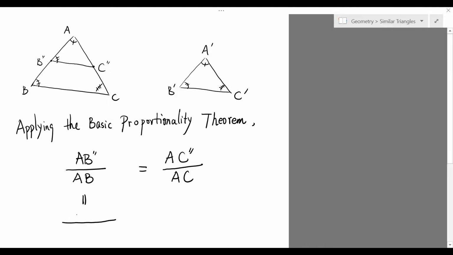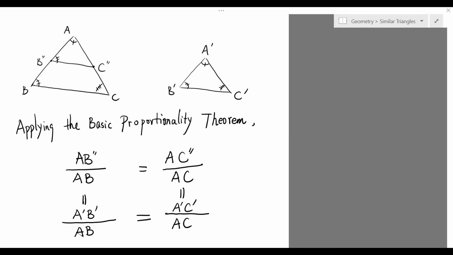So we could replace the left-hand side by A prime B prime over AB. And for the same reason, AC double prime is equal to A prime C prime. So we could replace the right-hand side by A prime C prime over AC. Hence, from the property of identities, we have A prime B prime over AB equal to A prime C prime over AC.